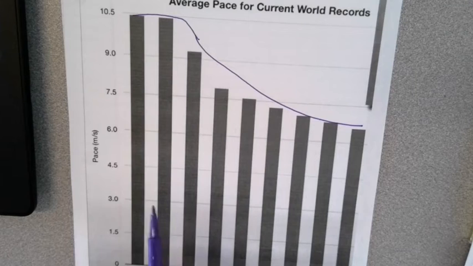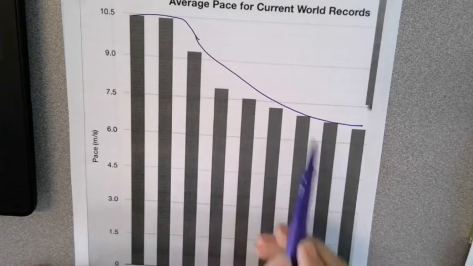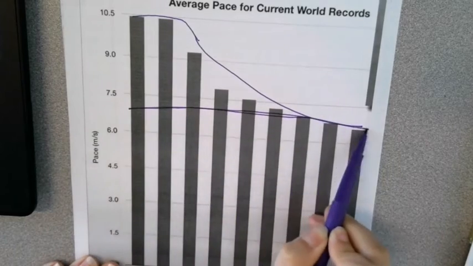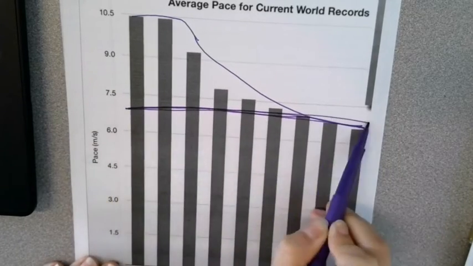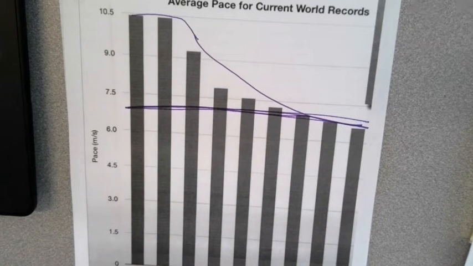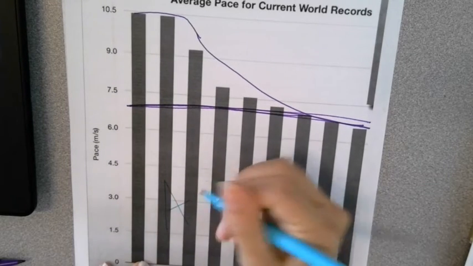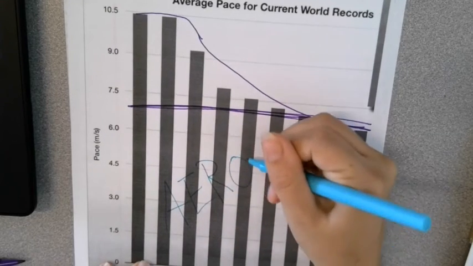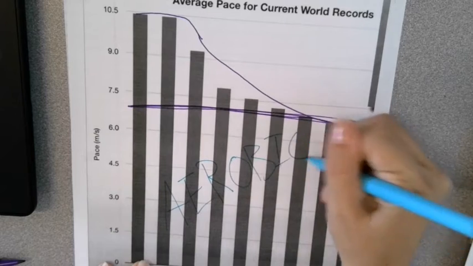That is an indication that the human body tends to be able to travel longer at slower paces. So I'm going to say we even out about right here on the graph. What we have as a normal process is going to be aerobic, A-E-R-O-B-I-C.